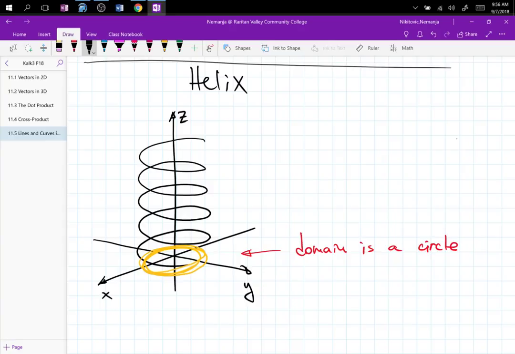Now, if you look at this spring this way, you all see a circle, right? It's a circle here. When you look at it sideways, you see this gradual rise up. So now, the domain is a circle.